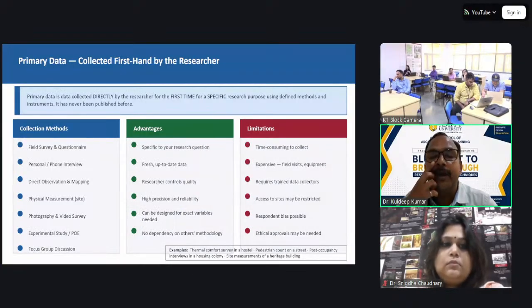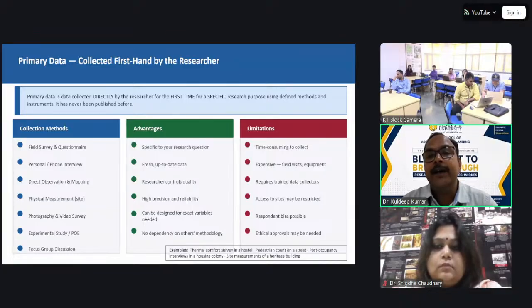Now coming to primary data. As we have said, you collect it yourself directly from the field, from respondents, and from physical measurements, which is specific to your research. Now how is primary data collected? The methods are many and varied, and you will choose according to your own needs.